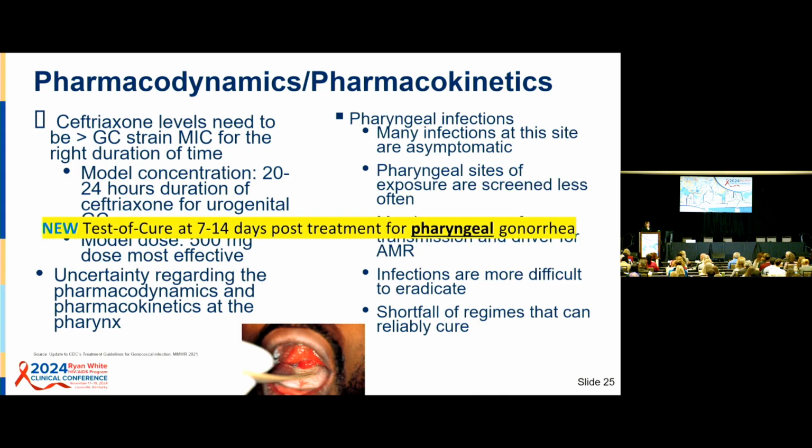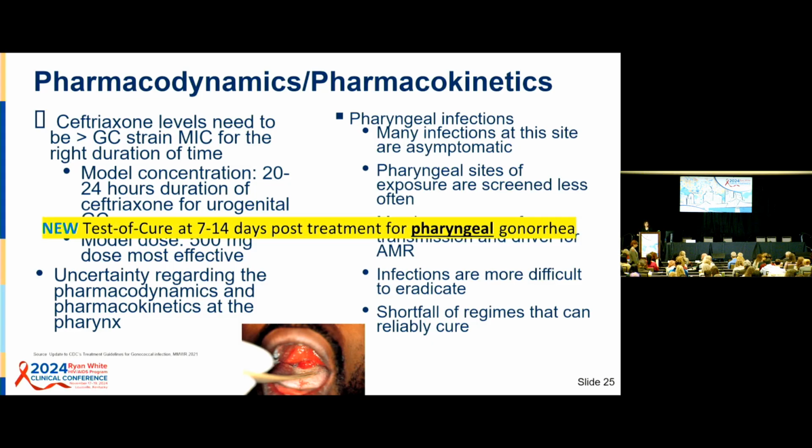Finally, I want to just emphasize to you all, the only test of cure that's now recommended in the guidelines is for pharyngeal gonorrhea, and this is because it is such a difficult location to treat gonorrhea, so we do like to retest 7 to 14 days.